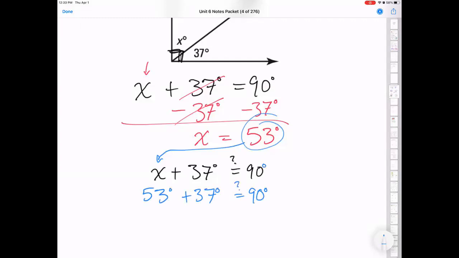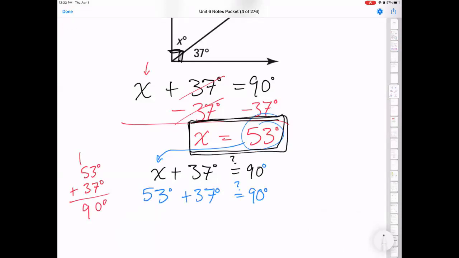So we're going to take our 53 degrees and combine our 37 degrees. 3 plus the 7, we get 0, carry the 1. And then 1 plus 5 plus 3, end up with 90. So yes, this does in fact work, did total 90. And again, that tells us that our previous x value that we thought, 53 degrees, is correct.